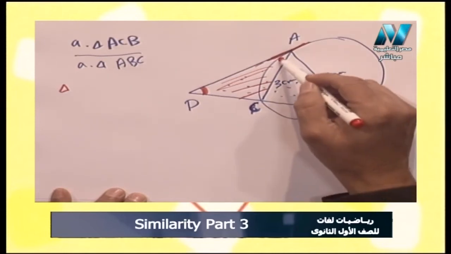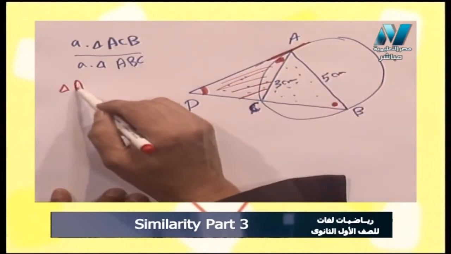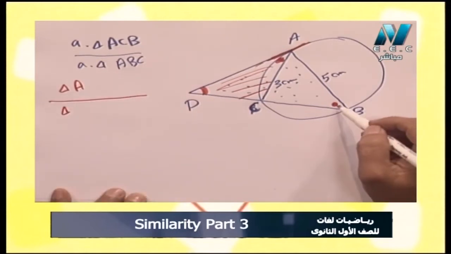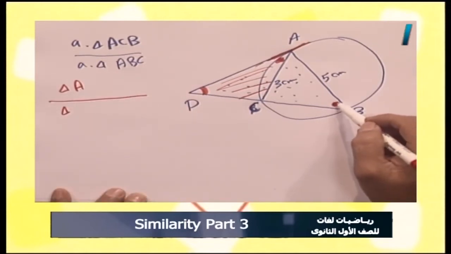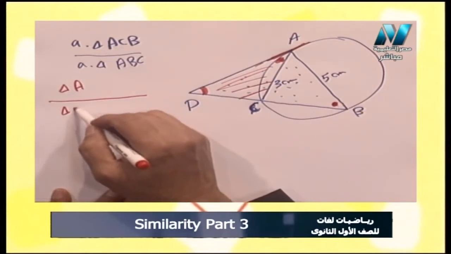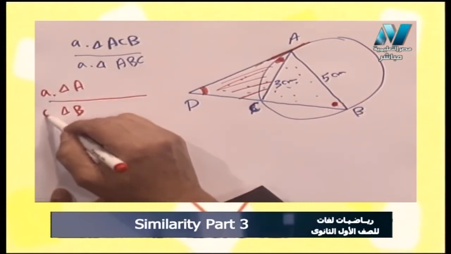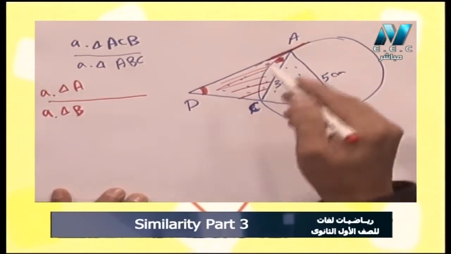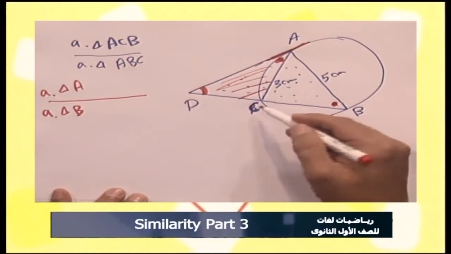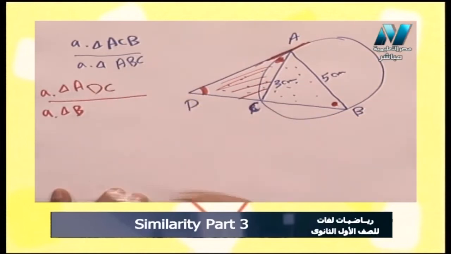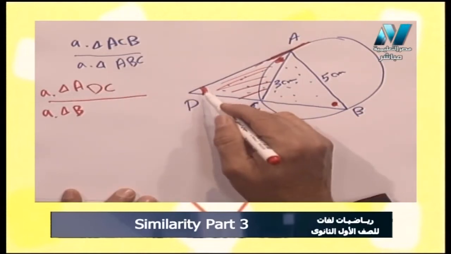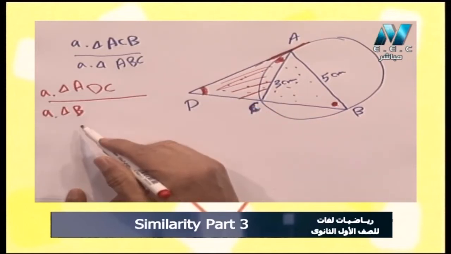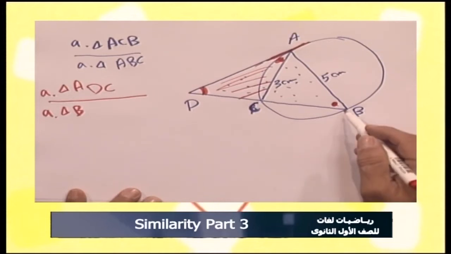We start with this dot A, and we will start the other triangle with this dot also, which is B. So this is triangle ADC. Why D? Because it's the common angle. And this triangle will be BDA.